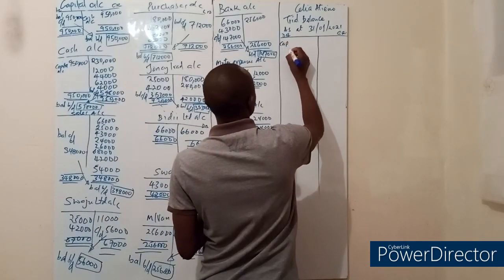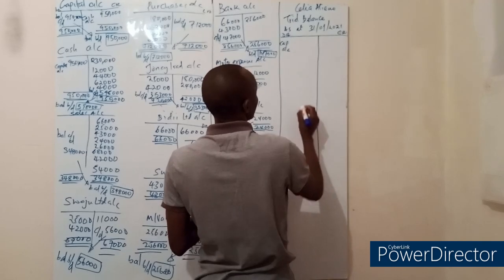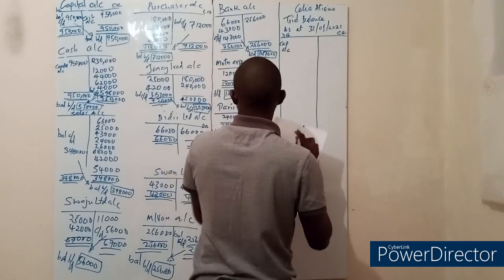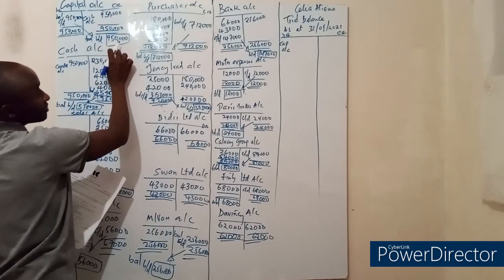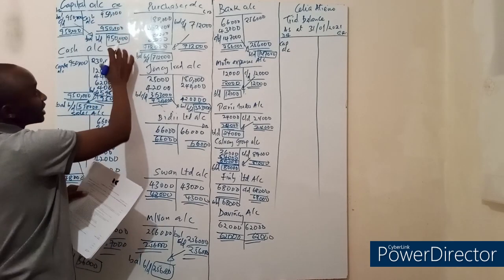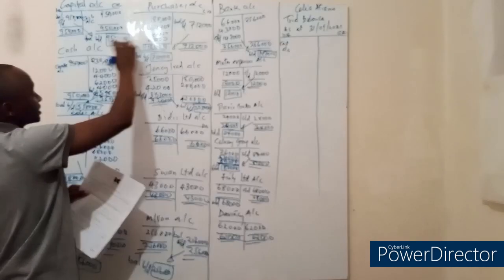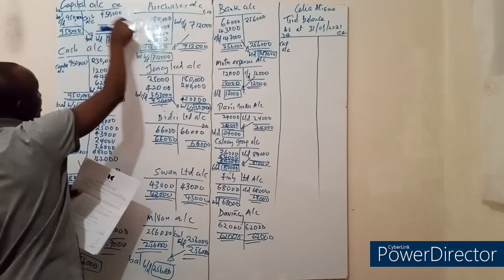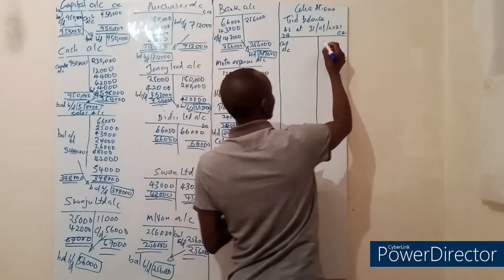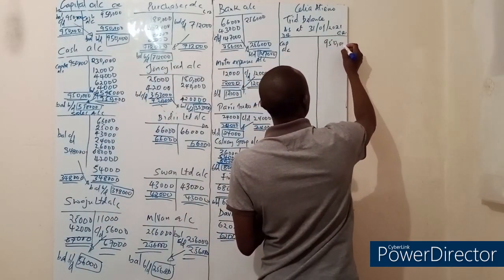So we have the capital account of what amount? Is it debit or credit? It is on the credit side of 950. So in short, you are taking these balances to the trial balance. The balance brought down to the trial balance. So this is 950,000 for capital account, on the credit side 950,000.